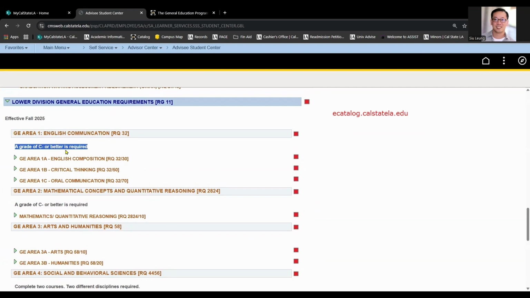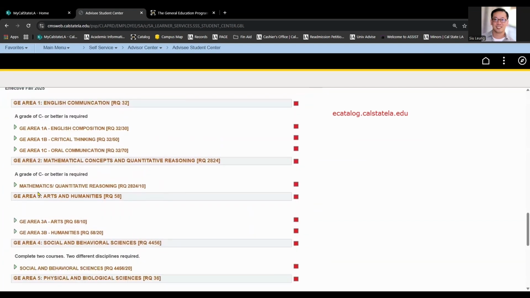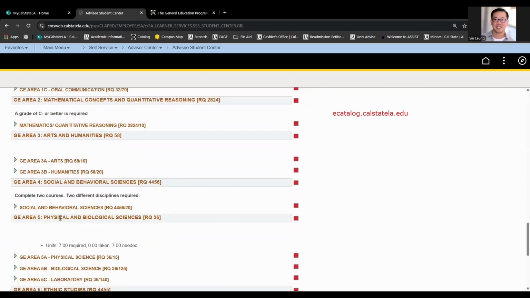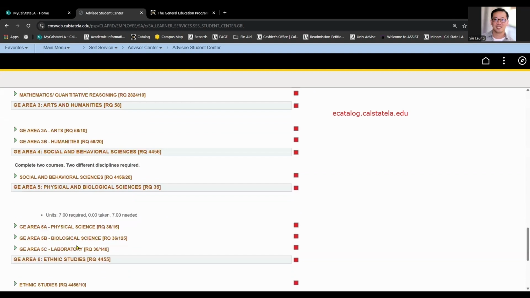You do need a C minus or better to pass these courses. Also with the math, you do need a C minus or better to pass your math. If it doesn't indicate anything, that means for the other GEs, even a D minus is considered passing. Just do not fail the course. But of course, you do want to do better than these because remember, if your GPA isn't high enough, you're not graduating. So keep that in mind.